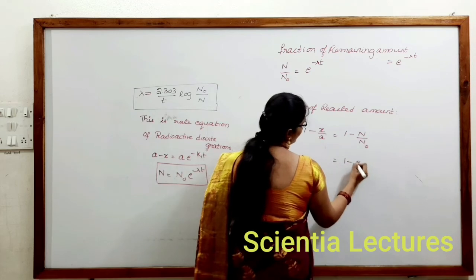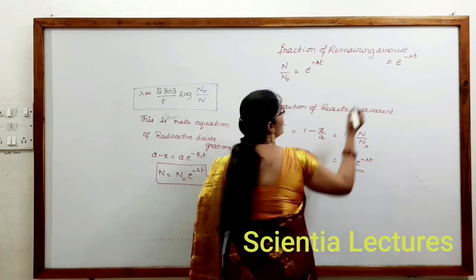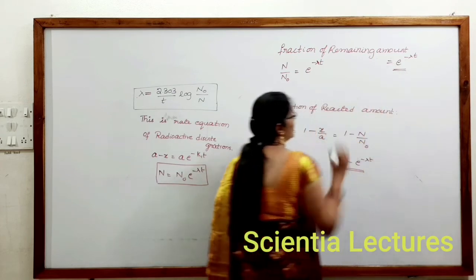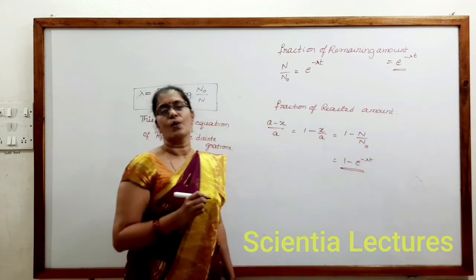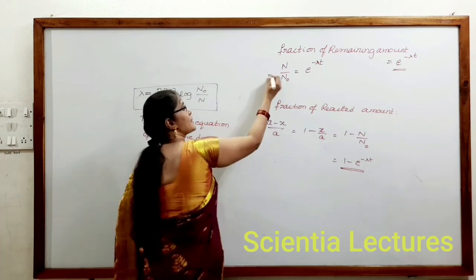That must be equal to 1 minus e power minus lambda t. This is also a very important condition in radioactive disintegration. The fraction of reacted amount is actually X by A.